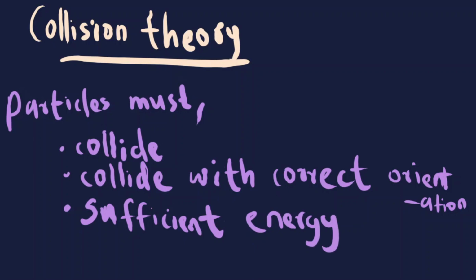We'll talk about what this sufficient energy is in the next slide. All right, let's picture that this is the system and these are the particles, and these are the other reactant particles.